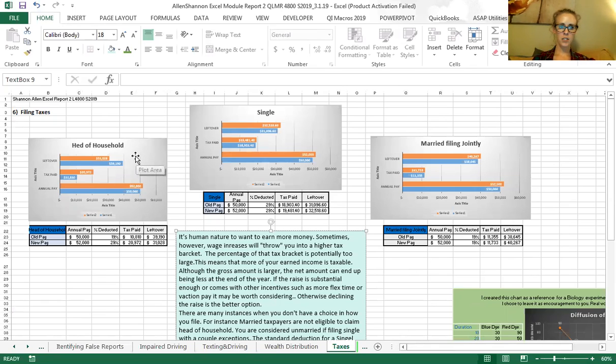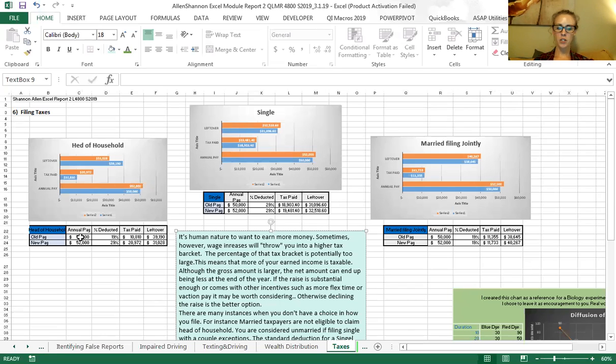We looked at the ratio of taxes paid on income for someone who is head of household, someone who is filing single on their taxes, or married filing jointly. We looked at this from a generic $50,000 annual income.